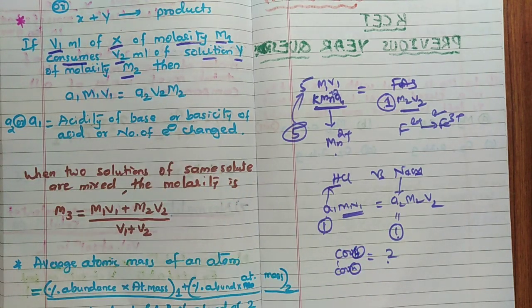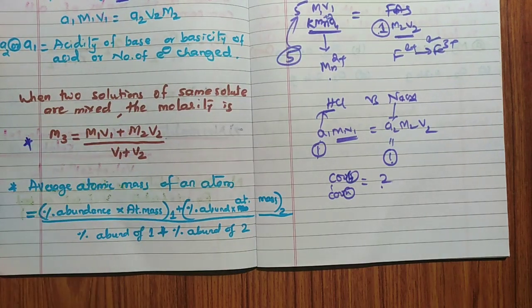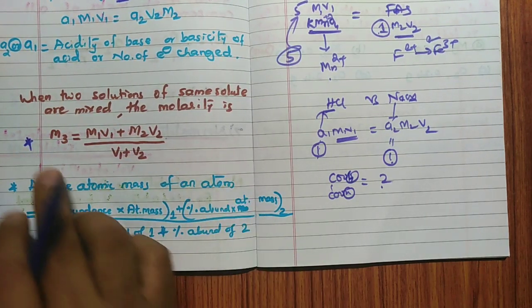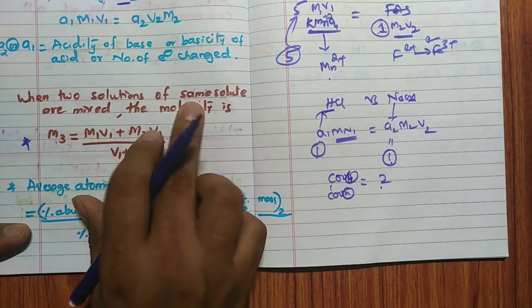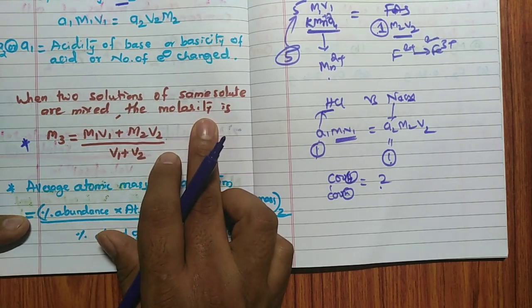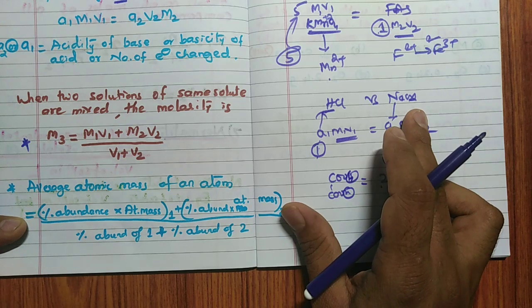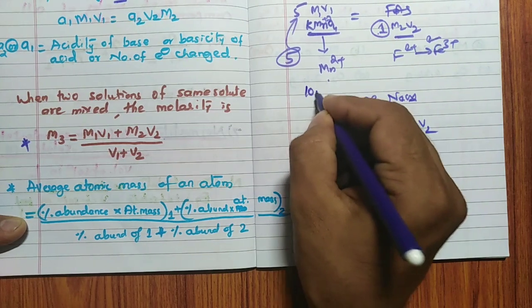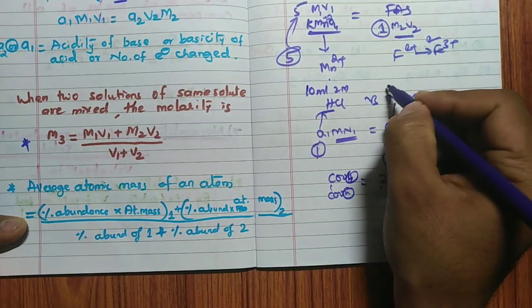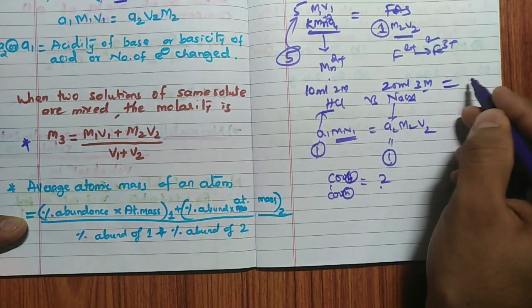On this also, one question was asked in 2015, that also I will solve and show it to you. It's very important. Last year, 2016, I think, I may be wrong also, it was asked in the NEET question. When two solutions of the same solute are mixed, then the molarity is, just imagine HCl and NaOH mixed. They have considered 10 ml of 2M HCl reacting with 20 ml of 3M NaOH, mixed together to form the solution.